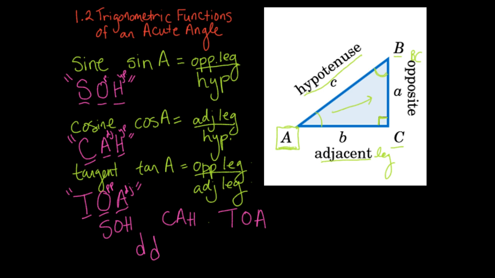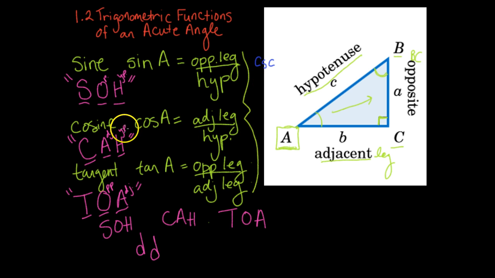Now, we have to ask, where do secant, cosecant, and cotangent fit in? Well, the interesting thing, folks, is that all of those three functions that I just mentioned are the reciprocals of sine, cosine, and tangent. So really, you only have to memorize these three ratios, and then you just make the connection, knowing what function is the reciprocal of sine A, and that function is cosecant.